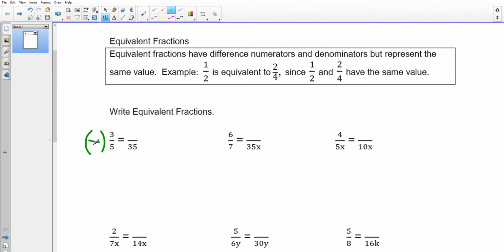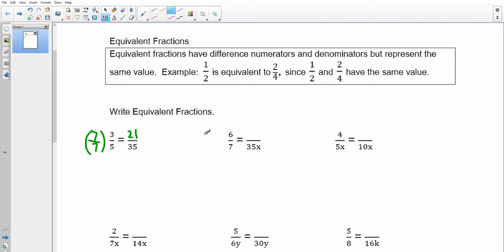So if I multiply by 7 over 7, I'm multiplying 3/5 times 1, and I'm not changing its value. So when we multiply fractions, we multiply across the numerators and across the denominators. So 21/35 is going to be my equivalent fraction.